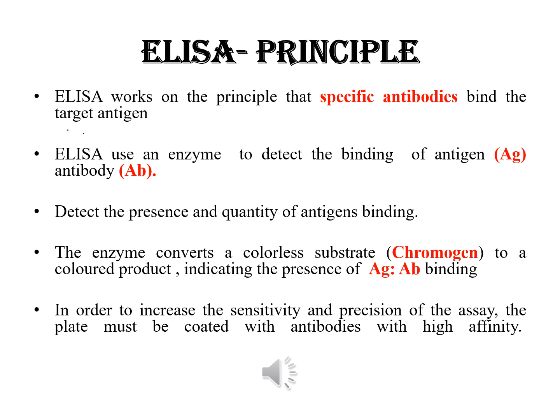The enzyme converts a colorless substrate, which is called a chromogen, to a colored product, indicating the presence of antigen-antibody binding and reaction. In order to increase the sensitivity and precision of the assay, the plate must be coated with antibodies with high affinity.